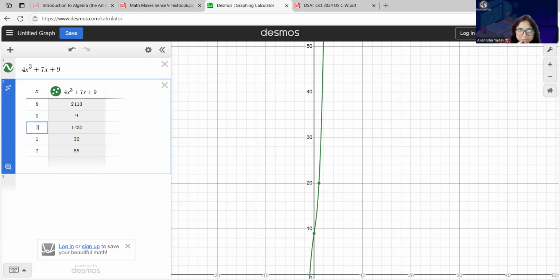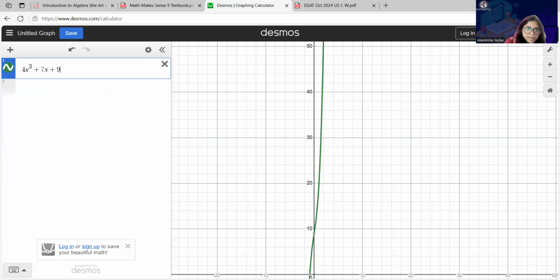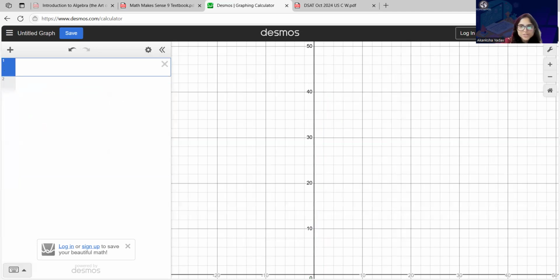Sometimes there will be inequality. For example, sometimes it'll be like 5x plus 7y is greater than 9. Let me take a better example.